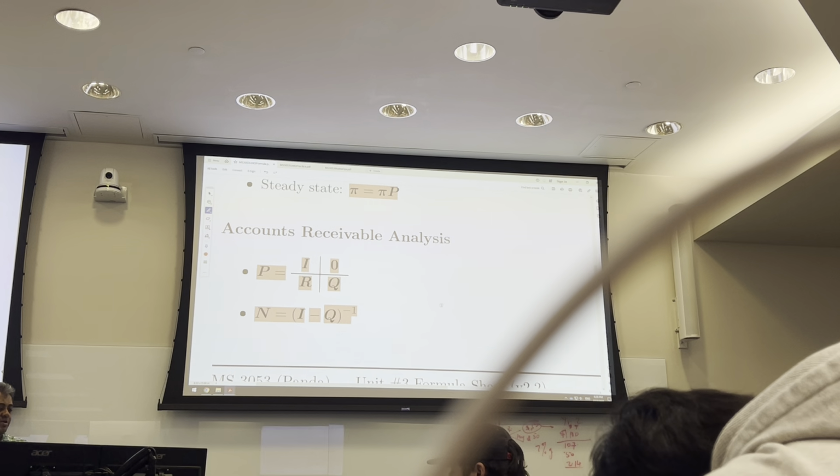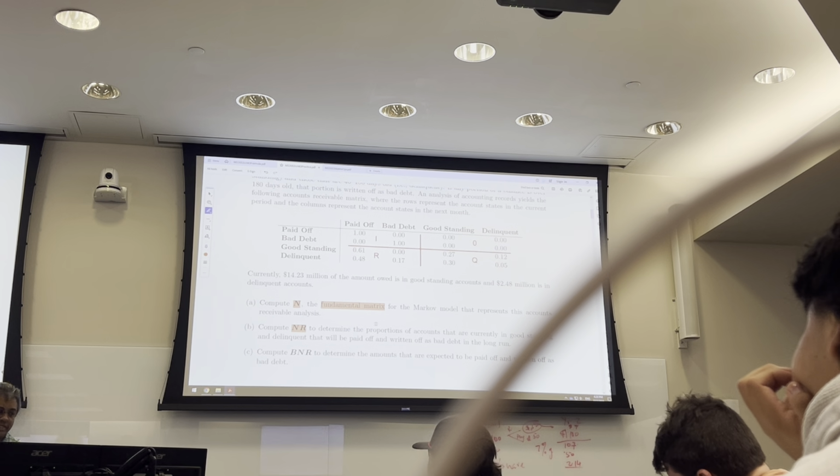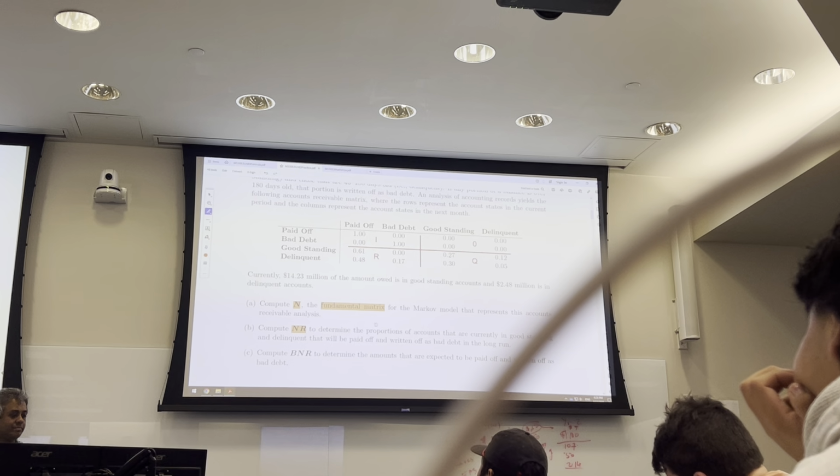In that case, all you have left to do is N times R, which will give me the probability matrix, the proportions of debts that will be paid off and written off. Then if I have the amounts, I can compute the amounts that will be paid off and written off.